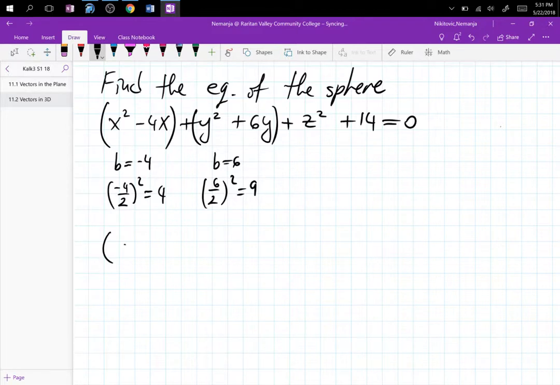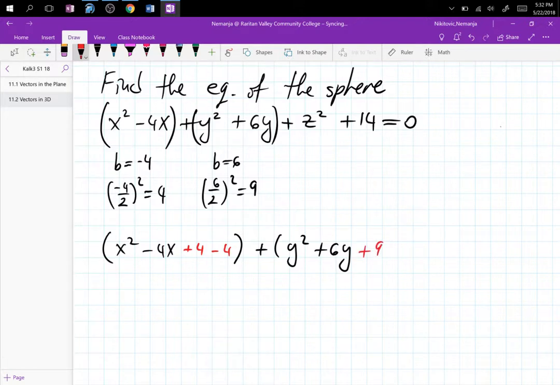So the first parenthesis is x squared minus 4x plus 4 minus 4, plus y squared plus 6y plus 9 minus 9, plus z squared plus 14 equal to 0.